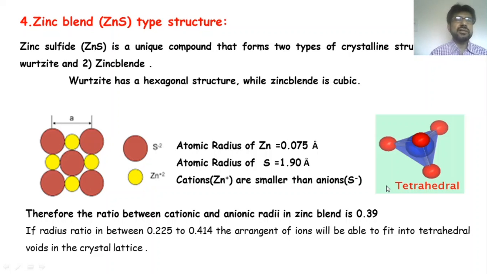Now in case of the zinc blende, the atomic radius of the zinc atom is 0.075 angstrom unit, and the atomic radius of sulfur is 1.9 angstrom unit. So we can say that the cations are smaller than the anions.